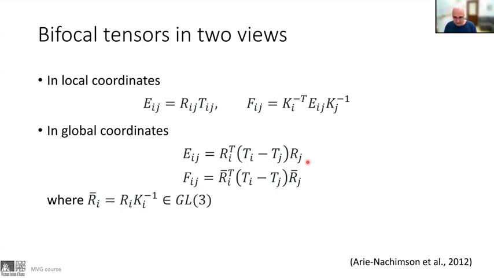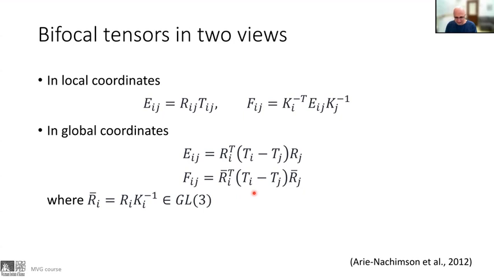And of course, for Fij, I will need to multiply by the calibration matrices, so I can write here R bar i, which is just Ri times Ki inverse. So this is an expression that we actually came up with a few years ago. The idea is very, very simple. I won't prove it, but the idea is very simple.